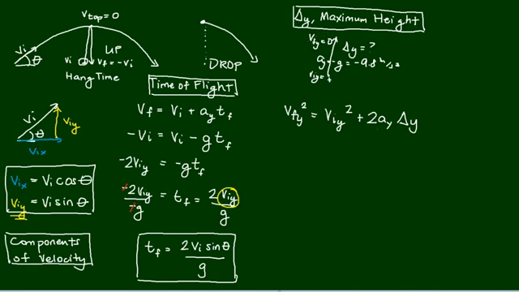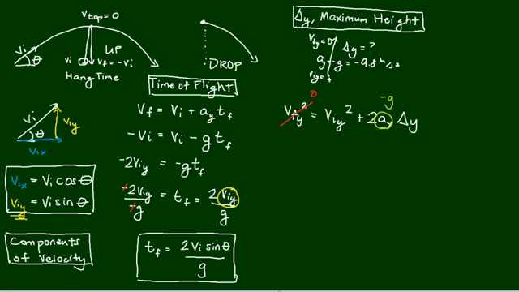Now, let's make some cancellations. We know at the top Vf is equal to 0, so this cancels out. Okay, so we can also know that this ay, let me use a different color, is equal to negative g.